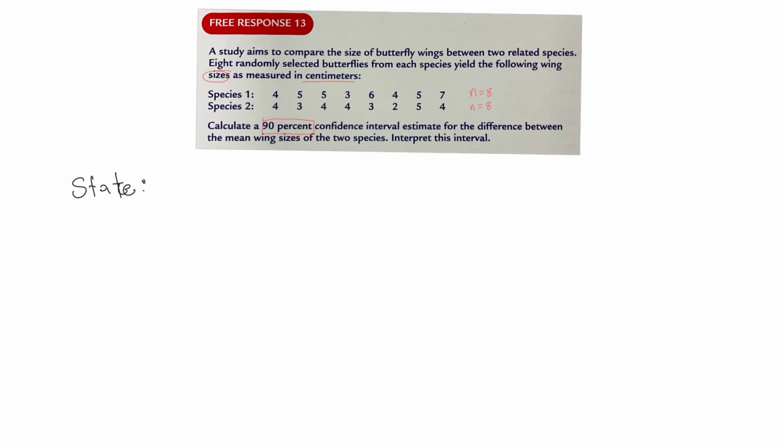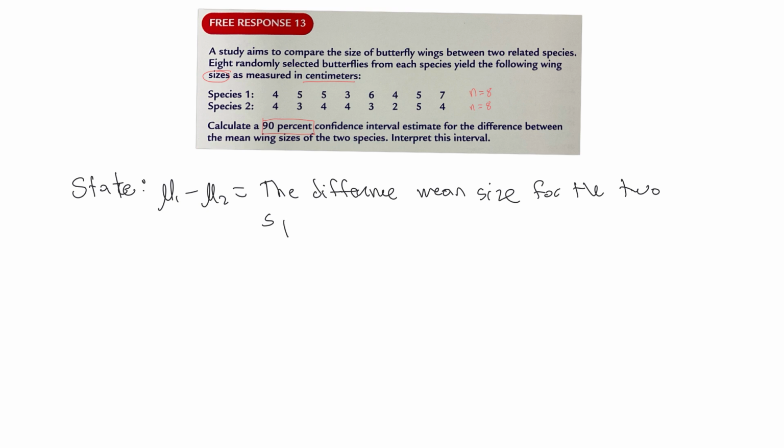So here, we're going to have the difference of two parameters, mu1 minus mu2. That's going to be the parameter. And the parameter is the true difference mean size for the two species.